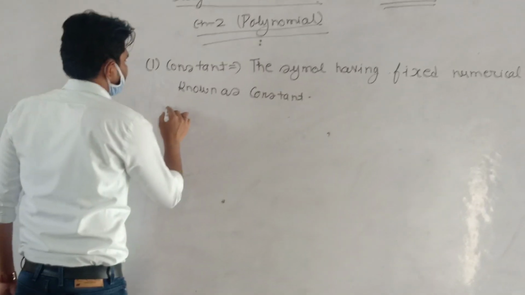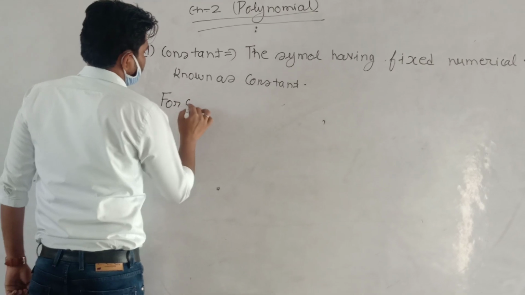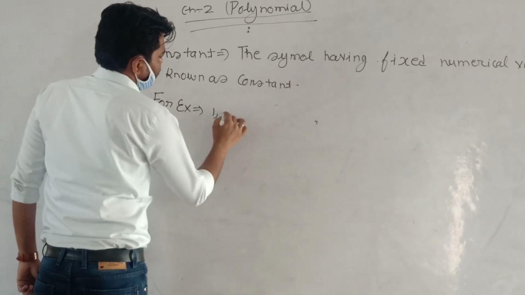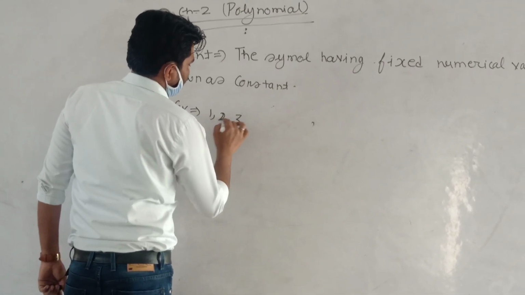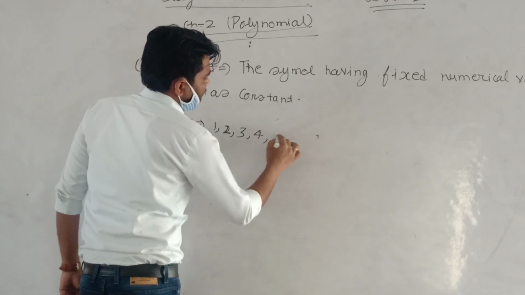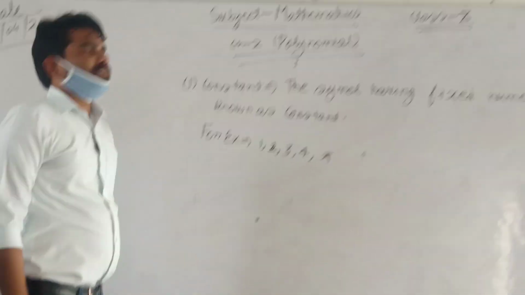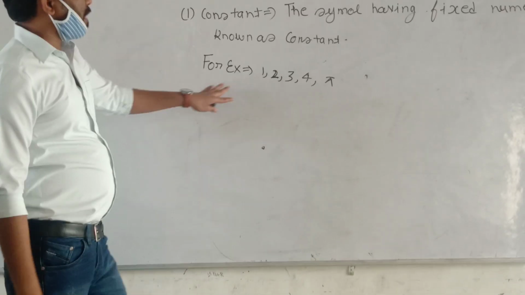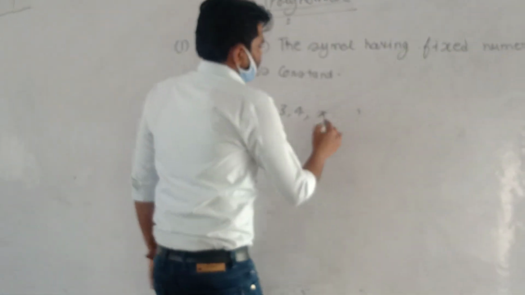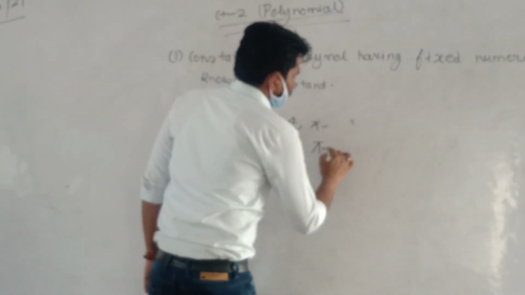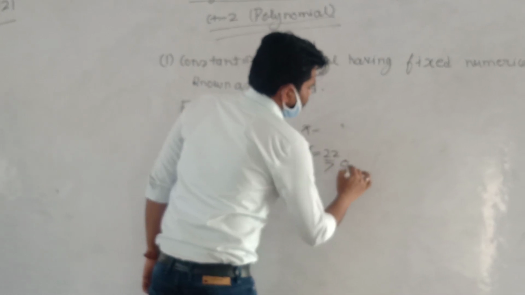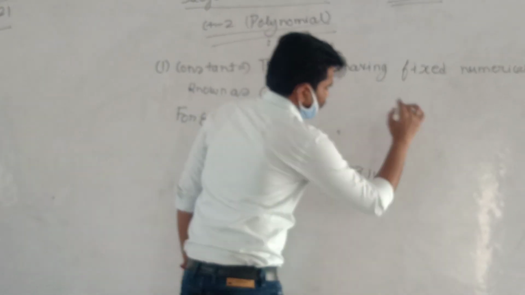For example, 1, 2, 3, 4, pi, the gravitational constant. The value of pi never changes. It is equal to 22/7 or 3.14.